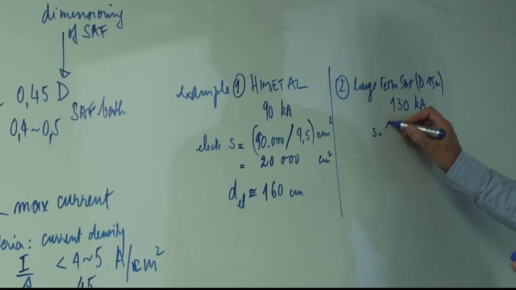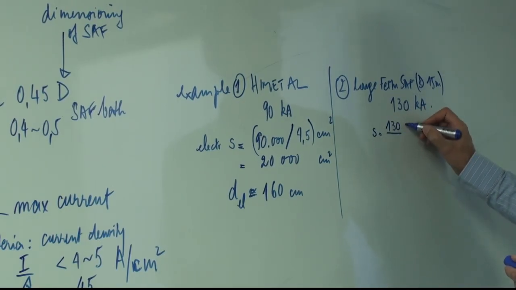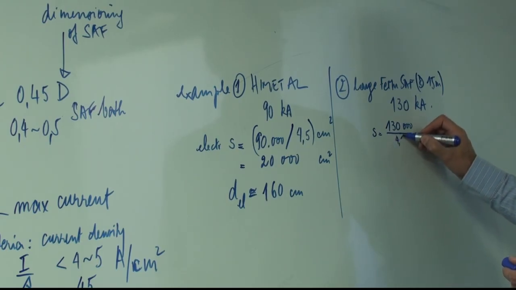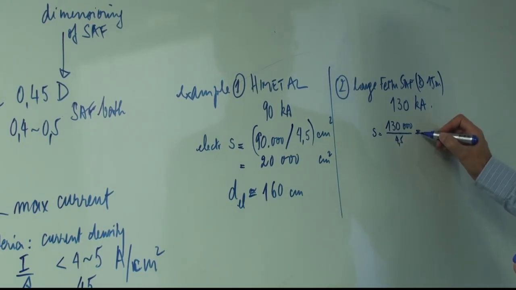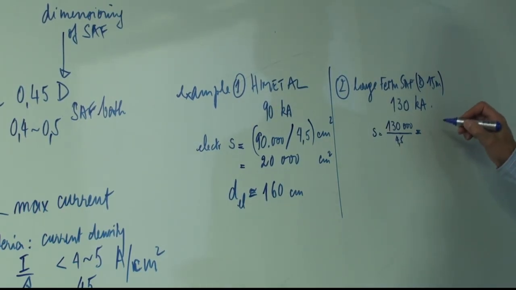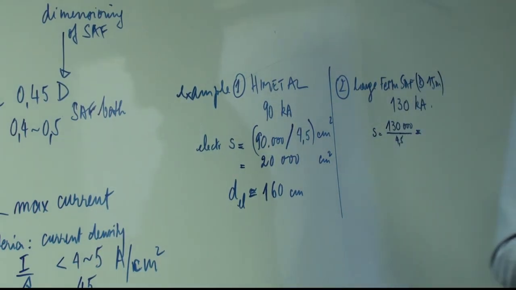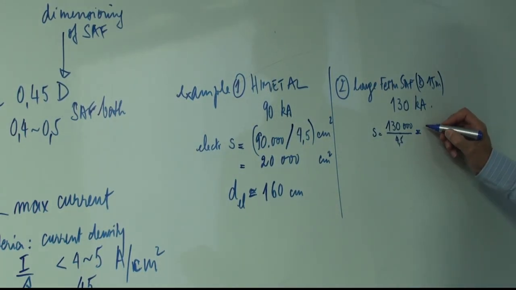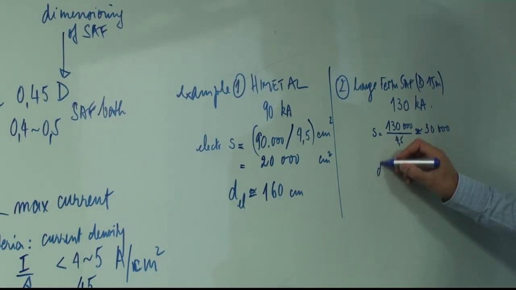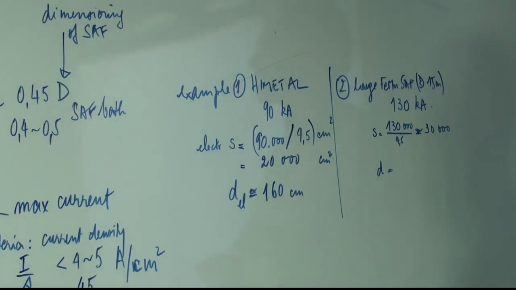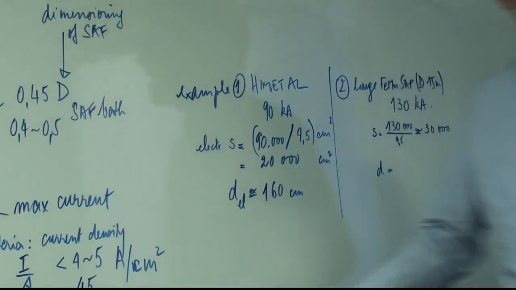So here we have S is about 30,000, about 29,000. Yeah, 29.